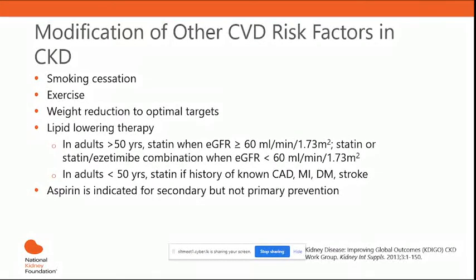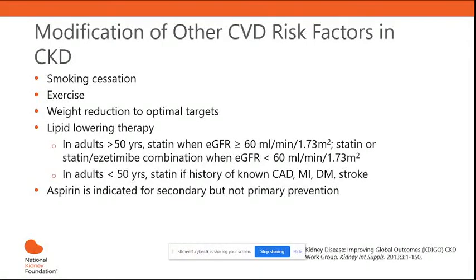So the next important aspect, as I mentioned earlier, is that cardiovascular disease is one of the most common complications in patients with CKD. Therefore, every effort should be made to reduce cardiovascular risk factors like smoking cessation, exercise, maintaining an ideal body weight, and lipid lowering drugs.